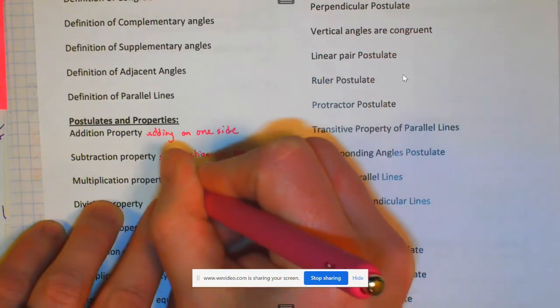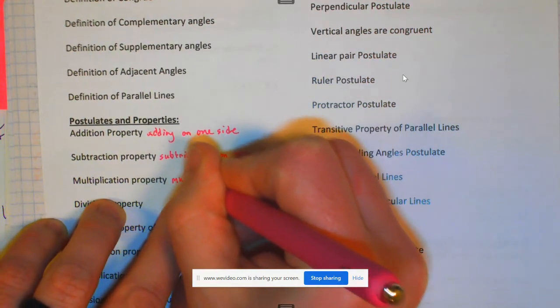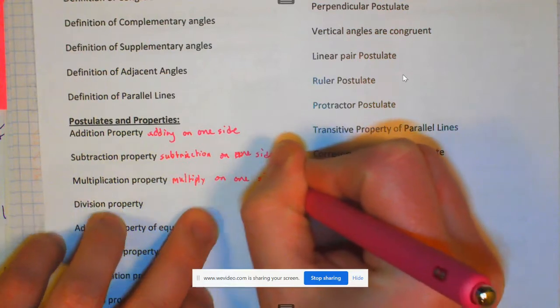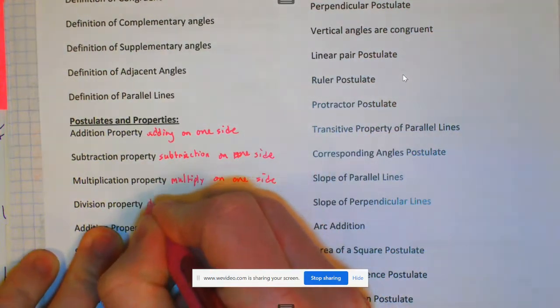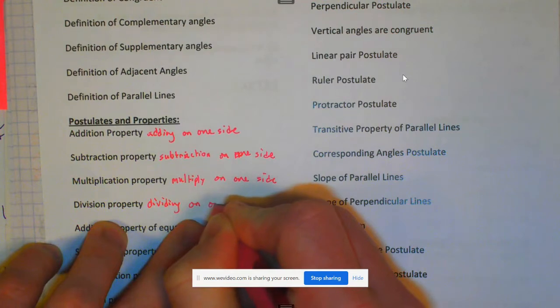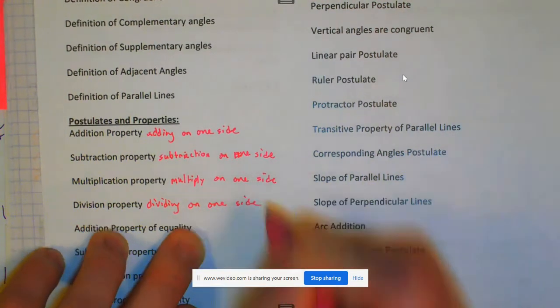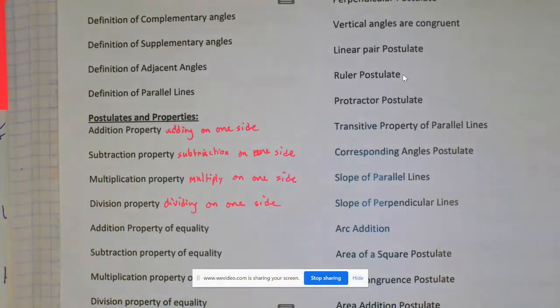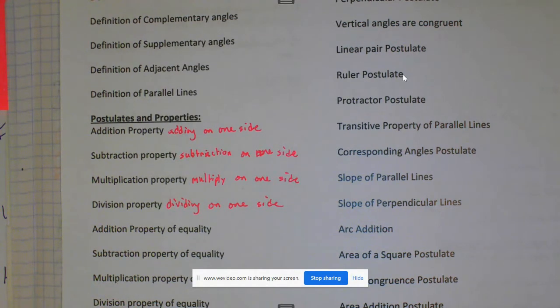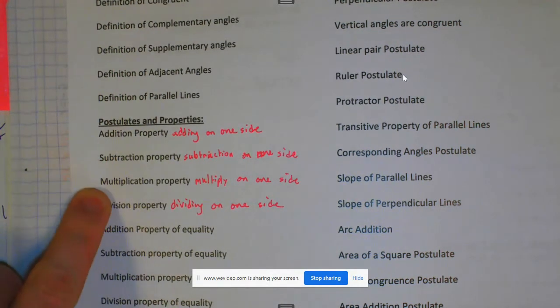And then multiplying on one side. This is dividing on one side. So anytime you're doing an operation on, let's say you're just combining terms on the left side, you're doing one of these 4.